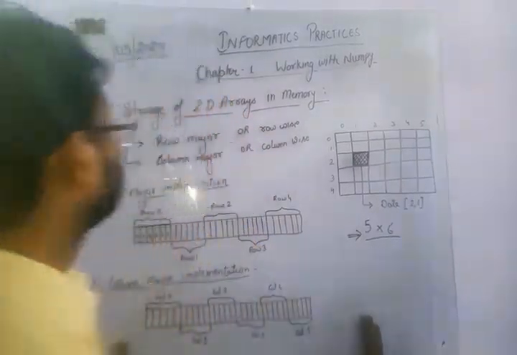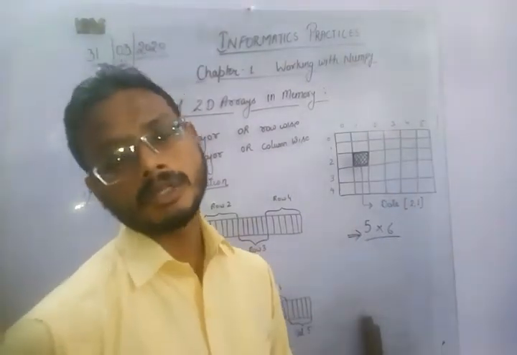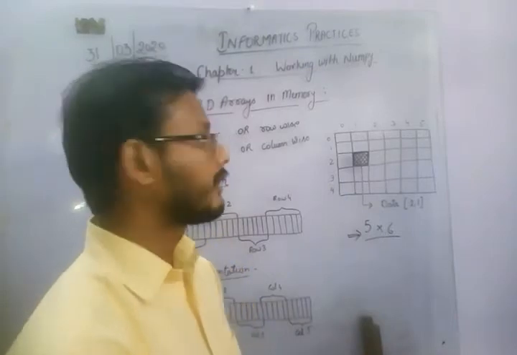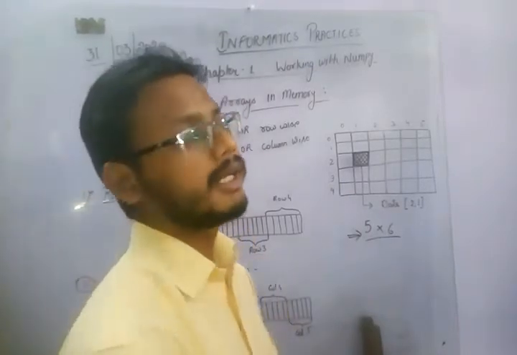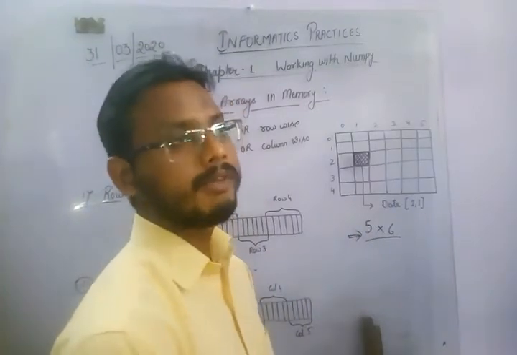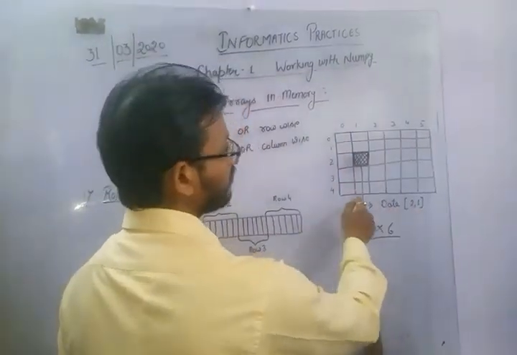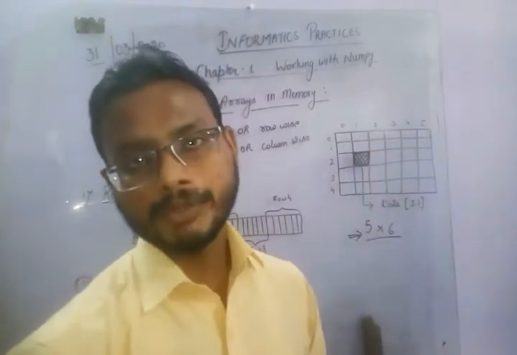We know that in our computer's memory we can't store a two-dimensional array as it is, because the memory in our computer is sequential. We can't store a two-dimensional array, for example this type of array, as it is in computer memory.